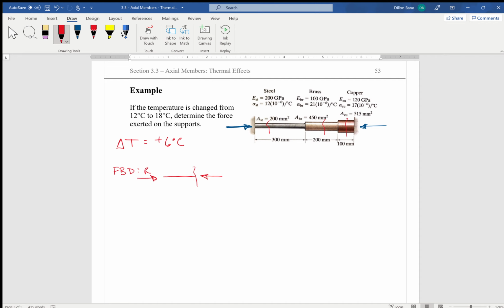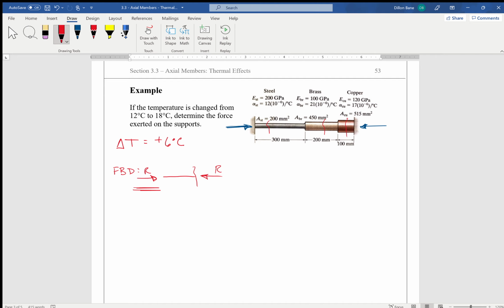The internal force developed within the steel is going to be equal to the reaction. If you do the same for the other two free body diagrams, you find that the internal axial force P for all three segments is just whatever reaction force is developed. No matter where you cut, the only force acting on that free body diagram is this reaction, and thus the internal force must also equal that reaction.